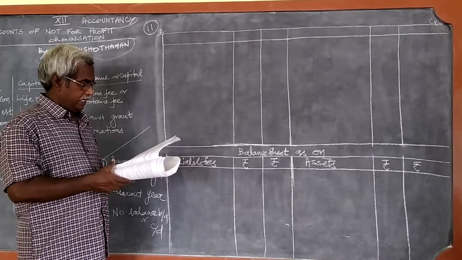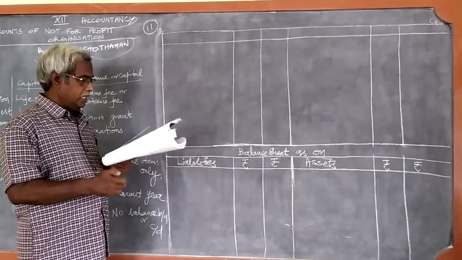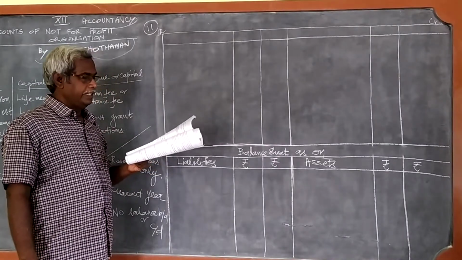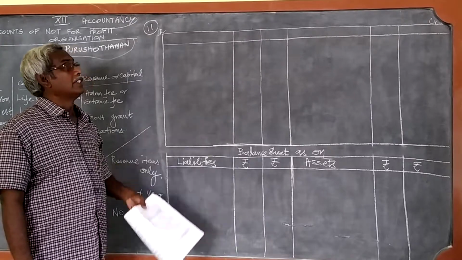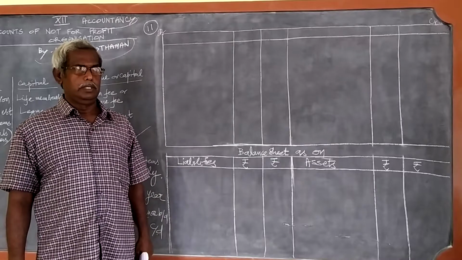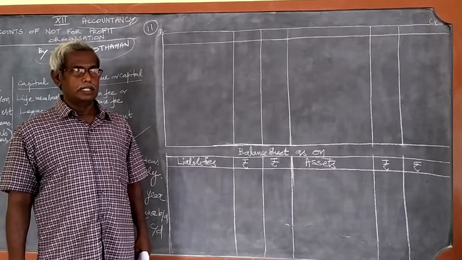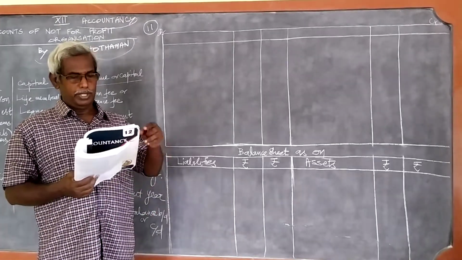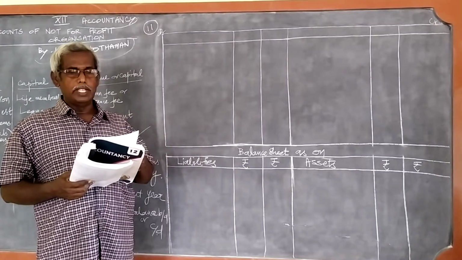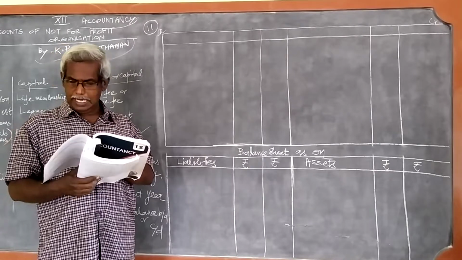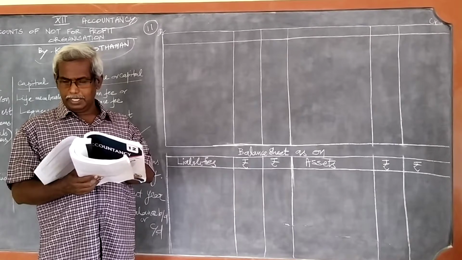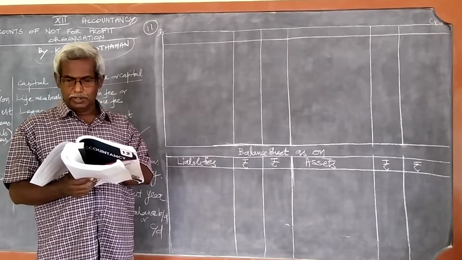In problem number 11, compute income from subscription for the year 2018 from the following particulars. See, in the last class, we have seen three problems. In all the three problems, how will these items appear in the final accounts or income and expenditure account for the year ending?